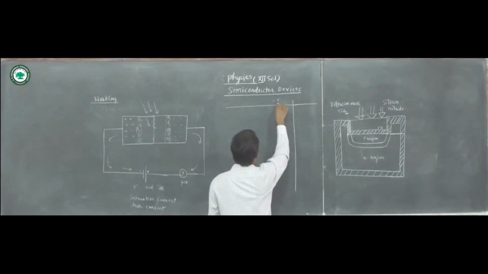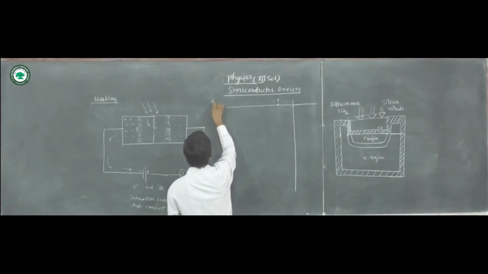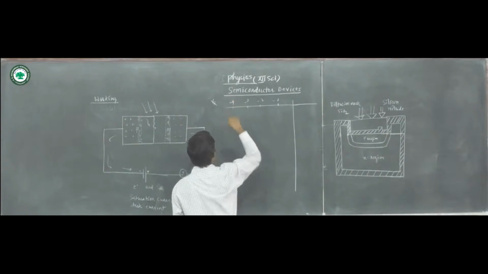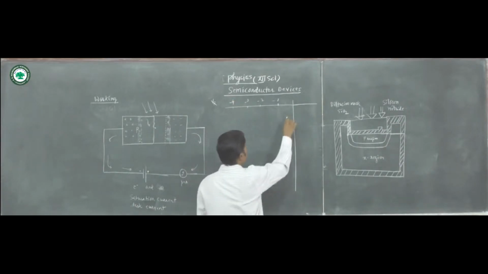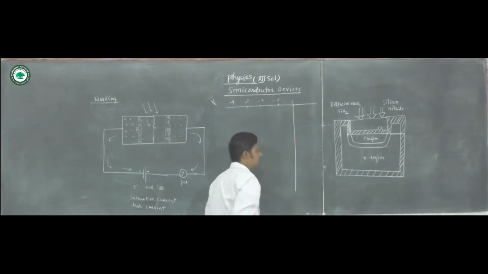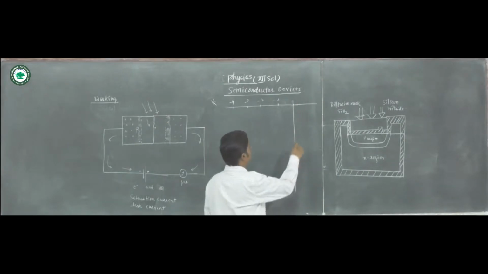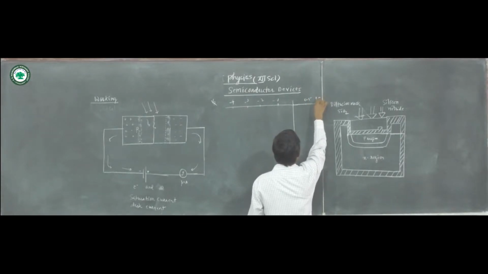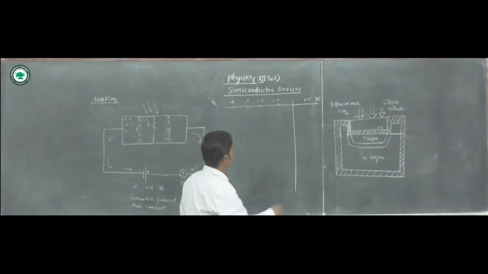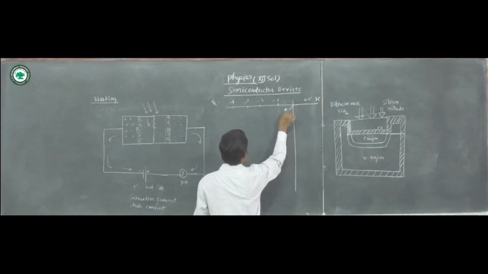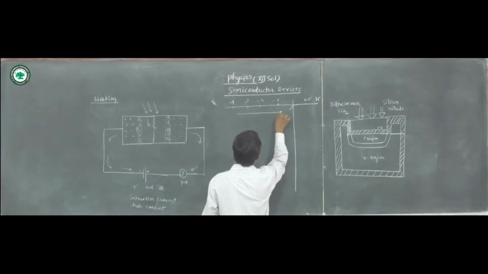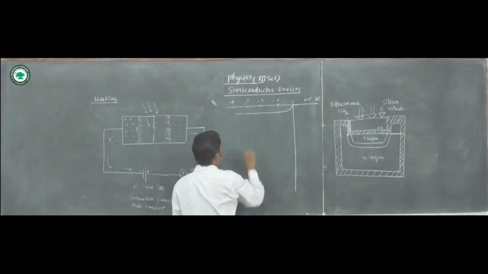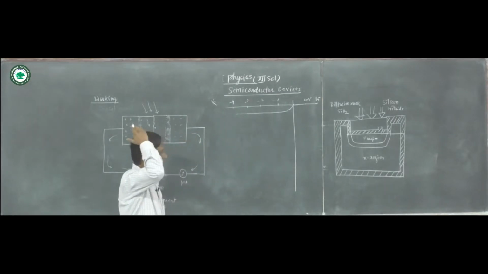This is the -1 volt, voltage in a reverse direction: -1, -2, -3 and -4. When no light is falling on the photodiode, the dark current which we get is like this, which is constant for the different values of the reverse voltages we apply to the photodiode.